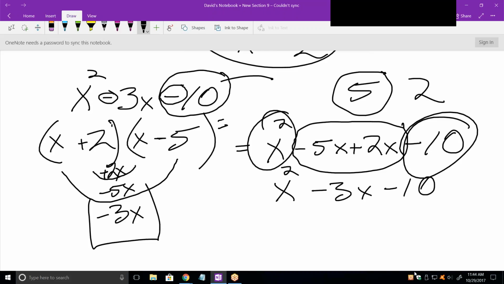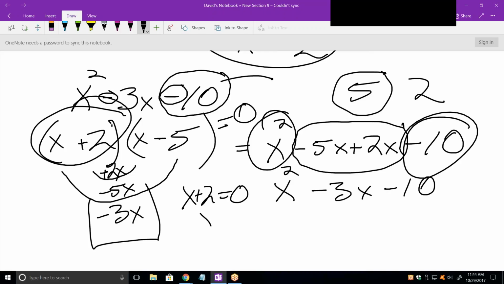Now, if all of that is equal to 0, what's my answer? Then your x has to be 0 too? Not x. This quantity has to be 0. Both of them you set to 0. x plus 2 equals 0.